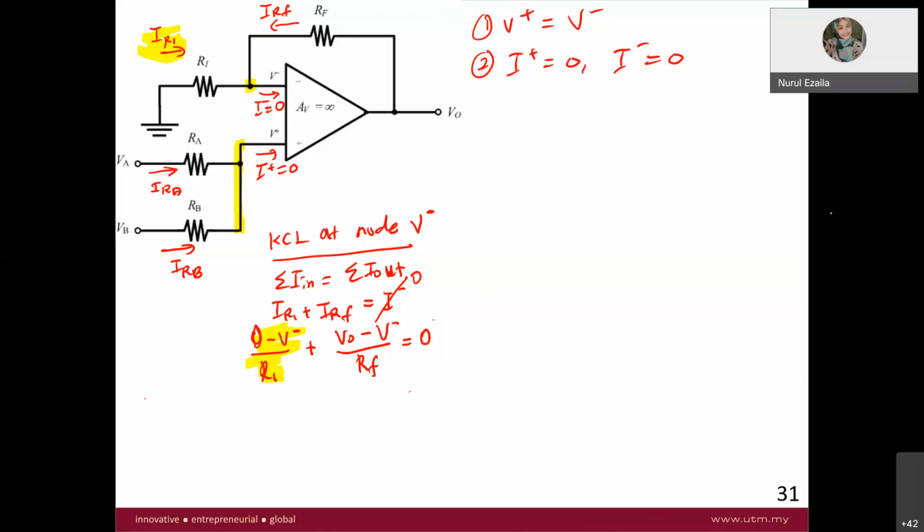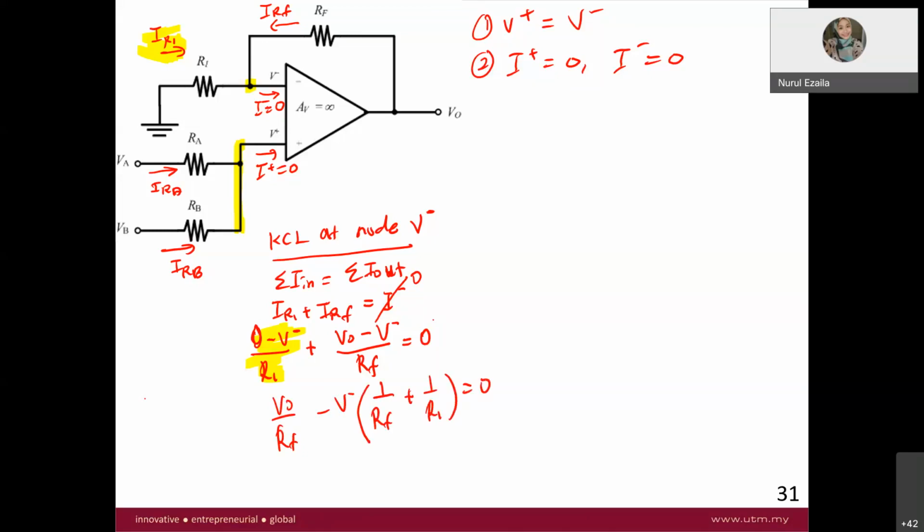All right. For this equation, if you simplify, you will get V out over RF minus V minus, 1 over R1 equal to 0.